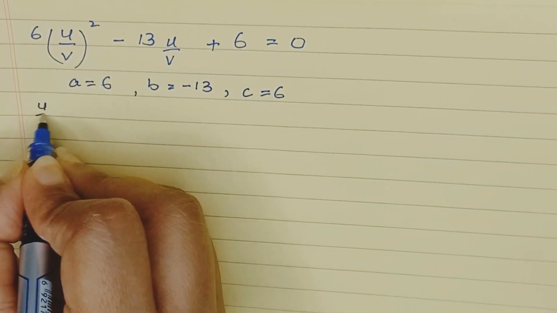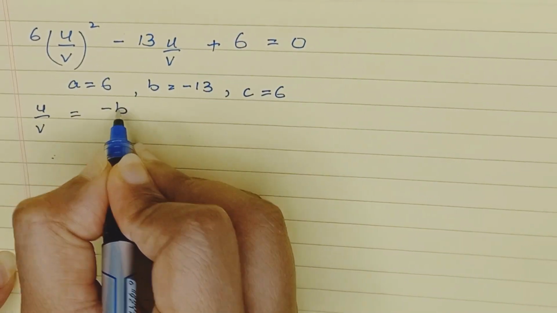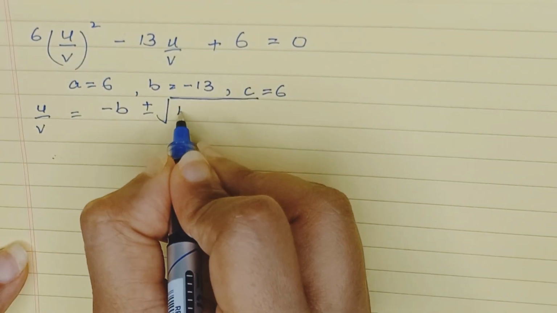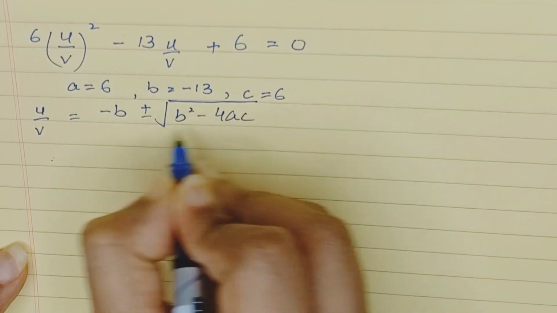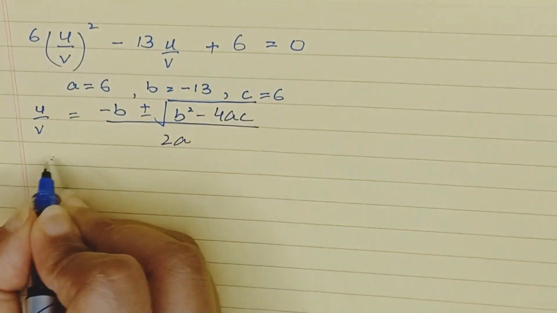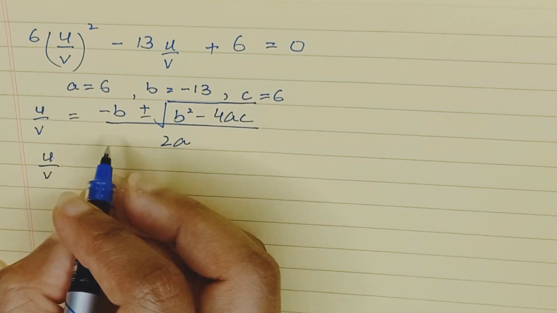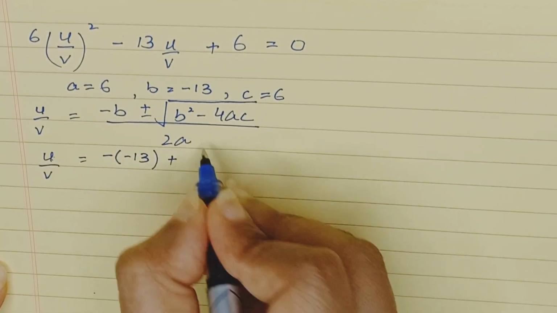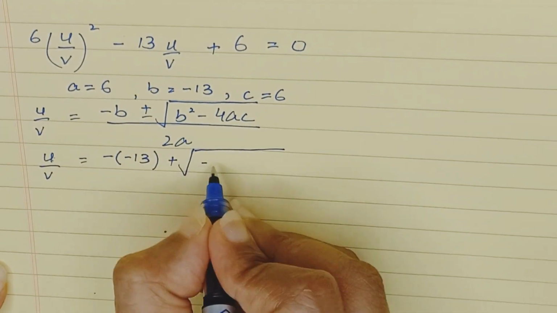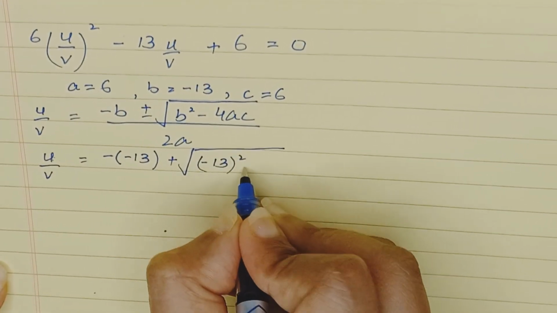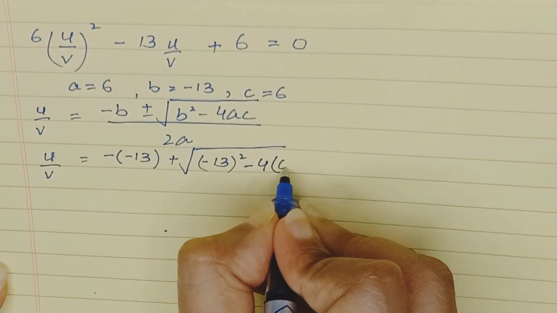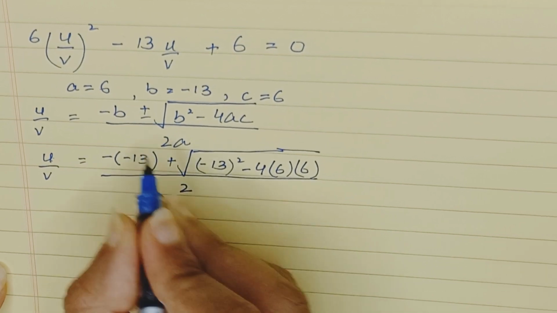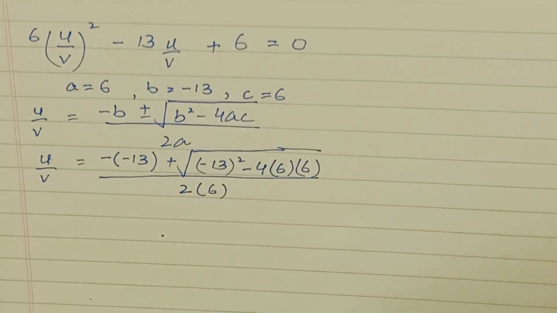So u divided by v is equal to minus into minus 13 plus minus square root of negative 13 square minus 4 a c, divided by 2, and a is again 6.